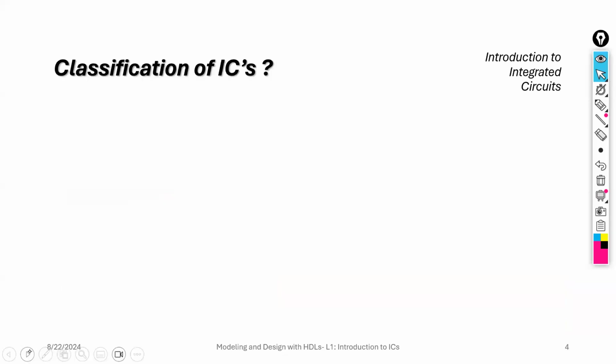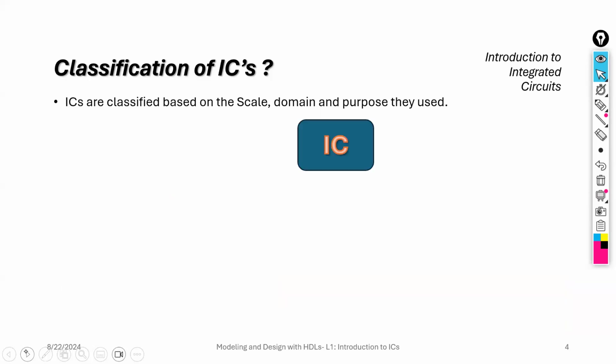Now let us classify ICs. What are the different types of ICs that we can see? ICs are classified based on the number of components in that particular IC, that is the scale, and which domain we are using: whether analog, digital, or mixed purpose.